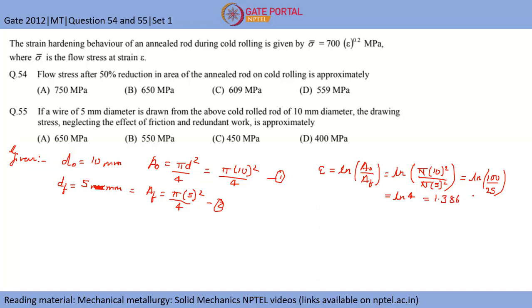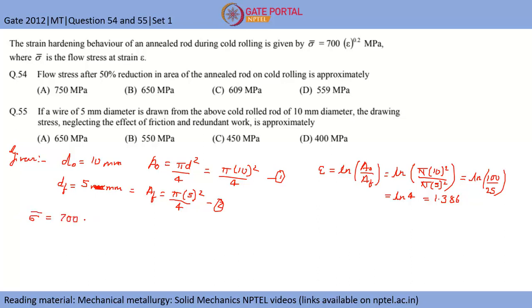So when the wire is deformed from 10 mm dia to 5 mm dia, 1.386 is the true strain in the material. So from this we can calculate the true stress. True stress is basically the flow stress.